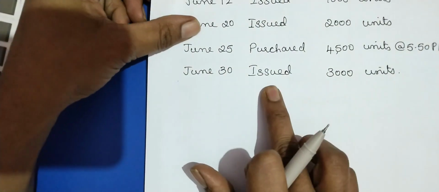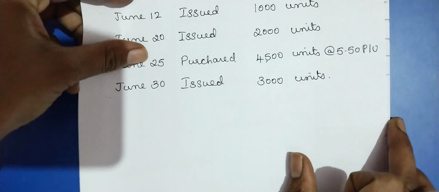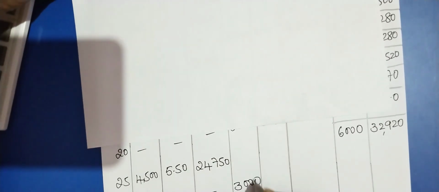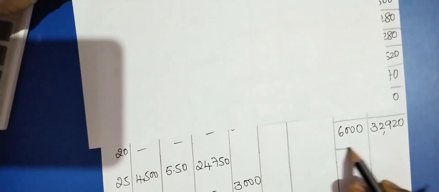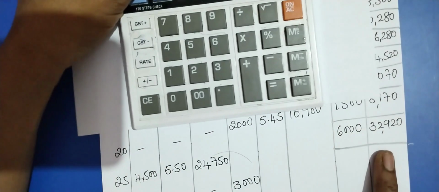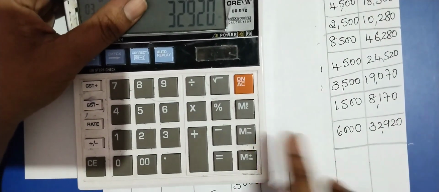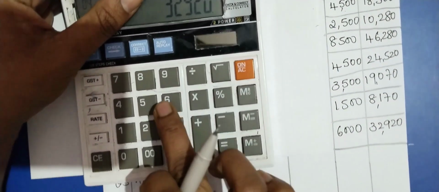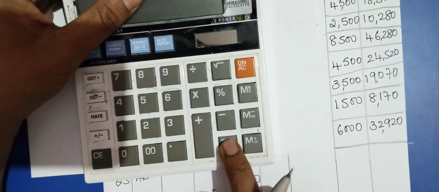Okay. The next transaction is on 30th, the last transaction. On 30th, issued 3,000 units. How are we taking the rate? Considering the rate, 32,920 is the total balance amount divided by the quantity available for issue, 6,000.